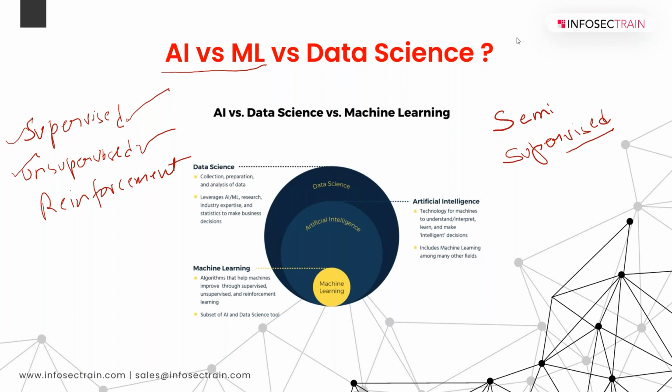Your virtual assistants, like Siri, Google Assistant, and intelligent humanoid robots, those are your AI based systems, right? Now, if I talk about machine learning, what are the applications and things that are using machine learning?